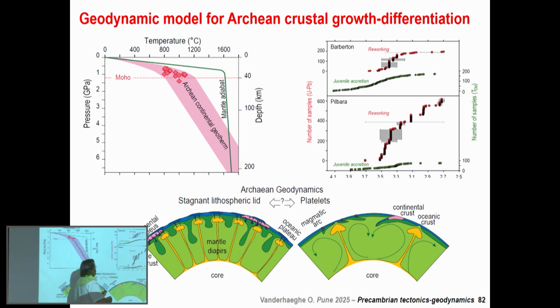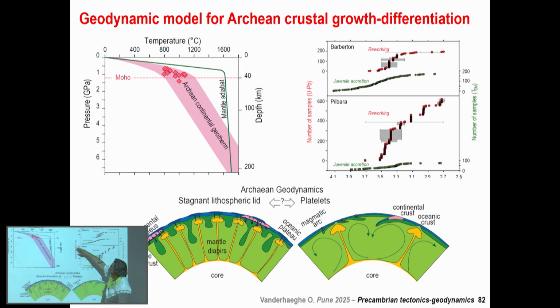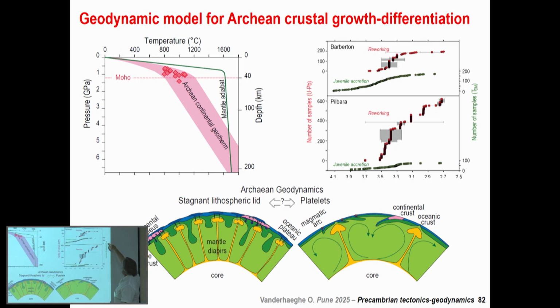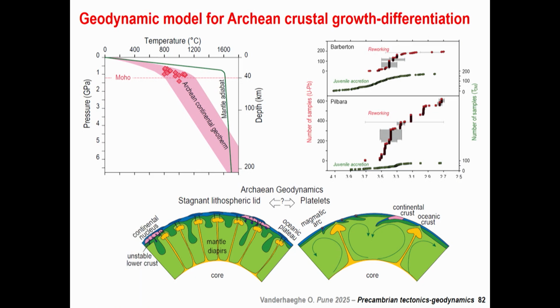And we want to also take into account that here we have a number of samples for U-Pb, and a number of samples for neodymium model ages. The green is the age of extraction of magma from the mantle, and the red is the age of crystallization of the felsic magmas. You see that it covers a large range of time.